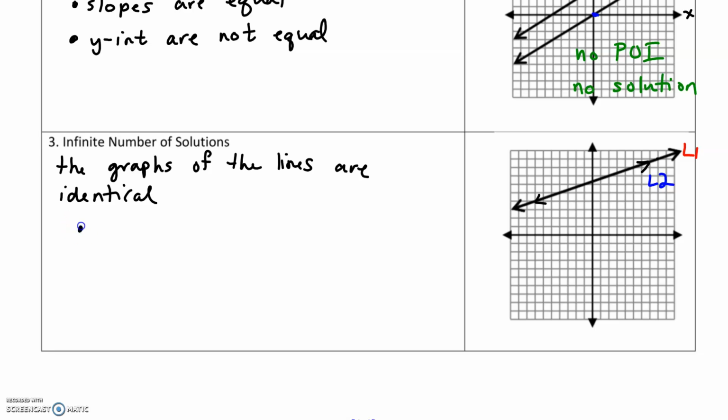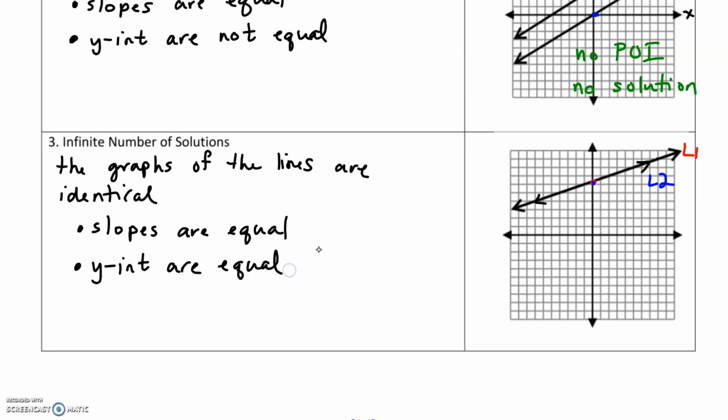In this case, you also would still have slopes that are equal. But this time you can see that the y-intercept of line 1 is the same y-intercept of line 2. So we've got to look at the y-intercepts now. If the y-intercepts are equal, then we know that we have an infinite number of solutions.